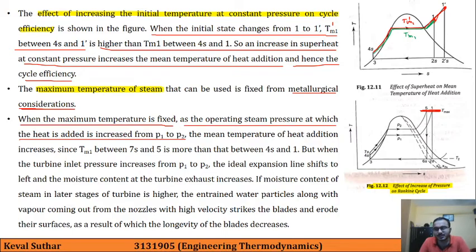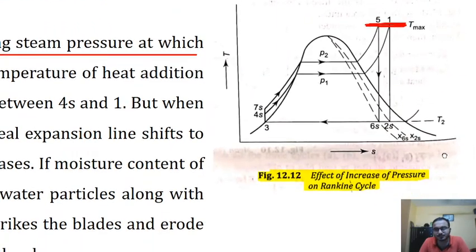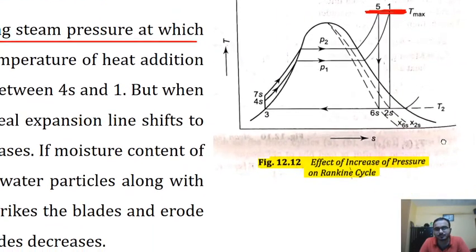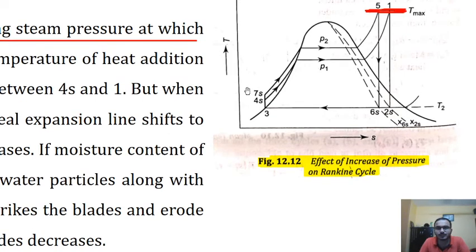You can see here that we have taken two different cases. Previously it was P1 pressure and now it is P2 pressure. In case of the previous P1 pressure, the maximum temperature point is T1 and in P2 it is T5. However, both are equal, that is Tmax.